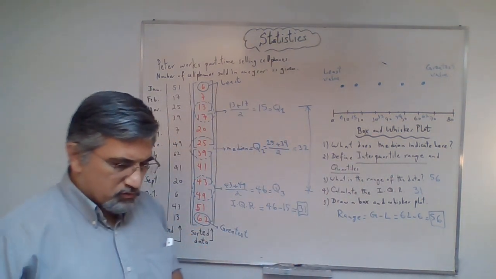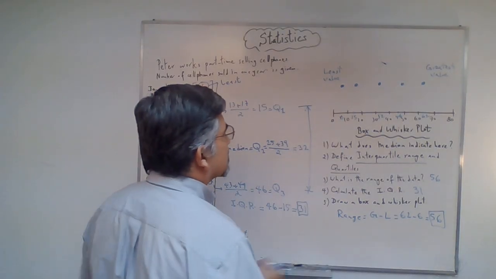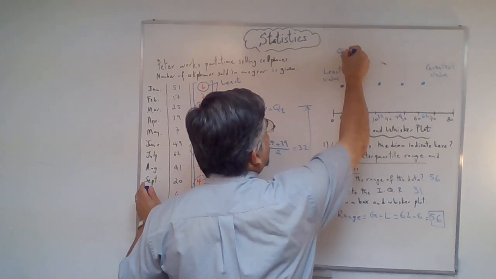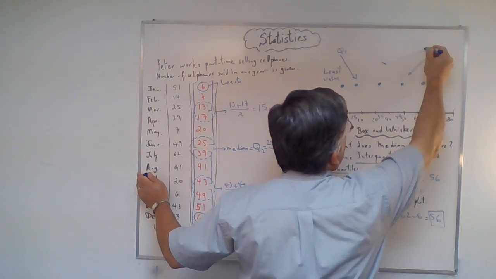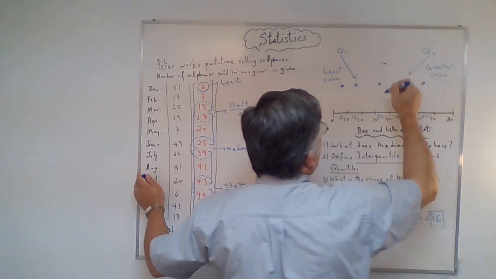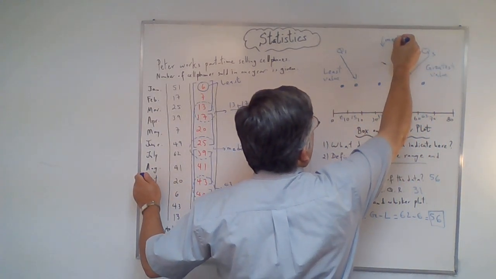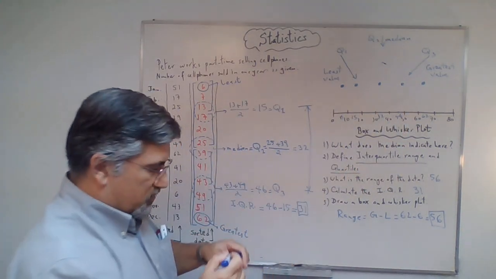And now I'm supposed to draw a box starting with Q1. So this point here was Q1, the first quartile, and this one was the third quartile, and this one is the median, which is the same as the second quartile.